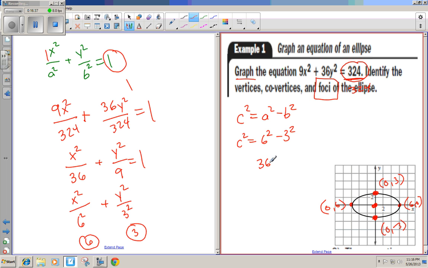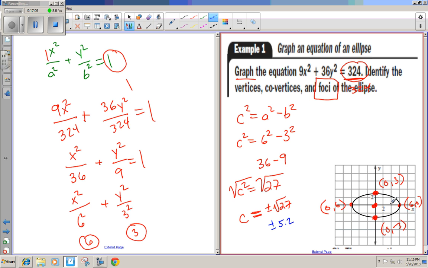That's 36 minus 9. That's 27. You square root it. And this now says that the foci are plus or minus the square root of 27 from the center. So plus or minus square root of 27, that's about 5.2.